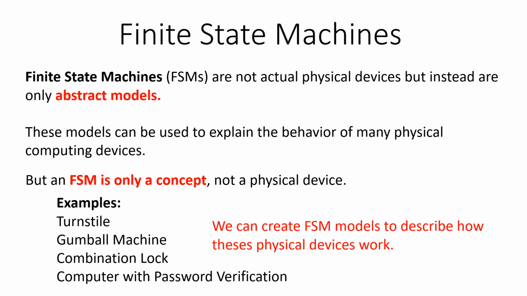And then also just the computation involved in password verification. If you start up a computer and you need to type in a password, or maybe you log into a website and you need to type in a password, that part of the computation process where the password needs to be verified is another procedure where we can use an FSM to describe it.